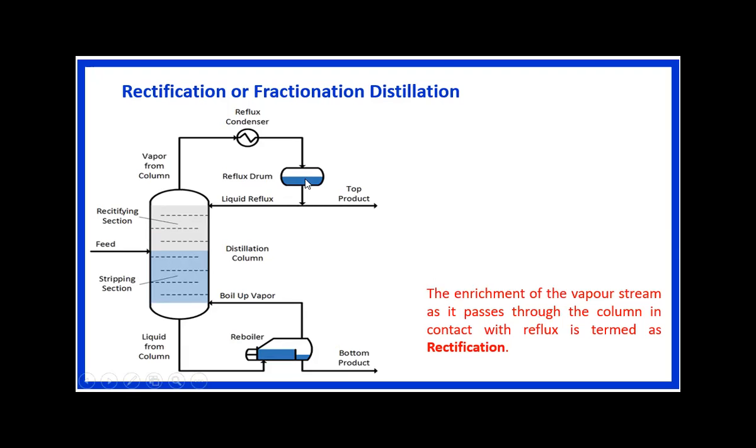Whatever part of the condensed liquid is contacted with these vapors, rectification can be done, and that is why this process is called rectification distillation or simply rectification. In general, it operates in a continuous manner, so sometimes it is also called continuous rectification.